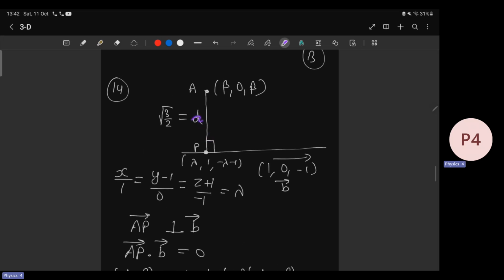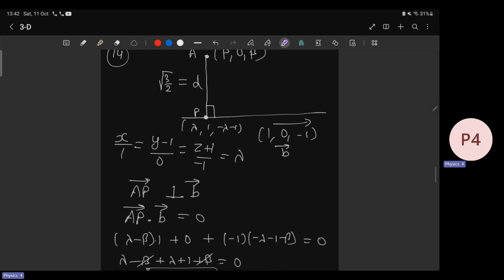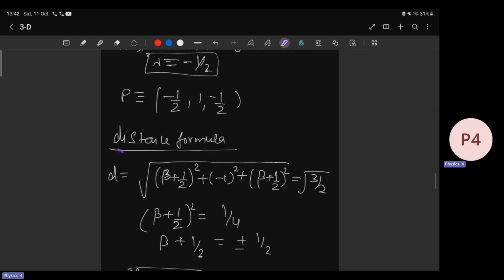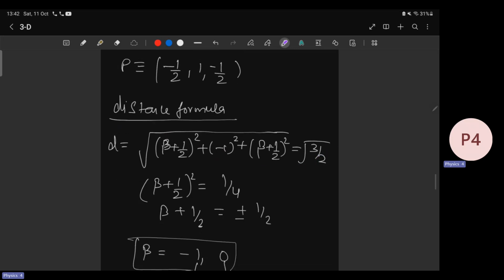Now we already know this distance d, that is √3/2. If we apply the distance formula in these 2 points, we will get the value of beta. D is equal to the square root of (beta plus half) square plus (-1) square plus (beta plus half) whole square, that is given as √3/2. If we square both sides, we will get the value of beta.